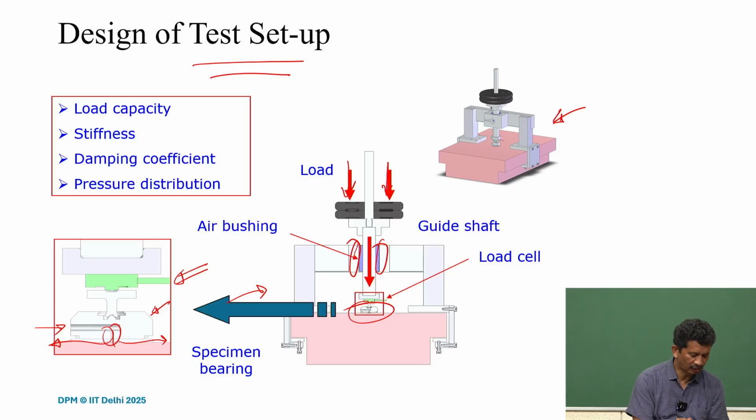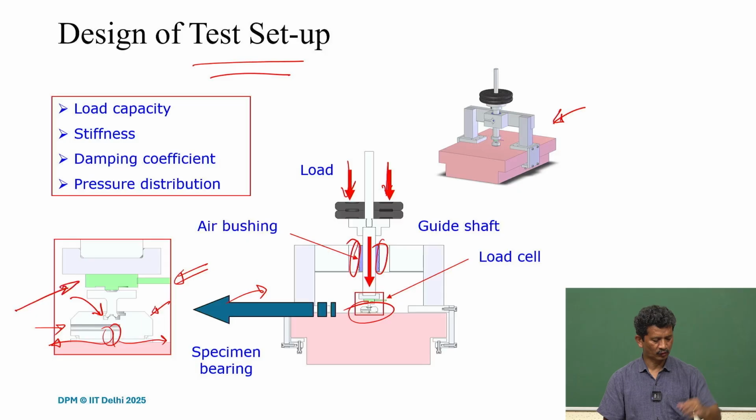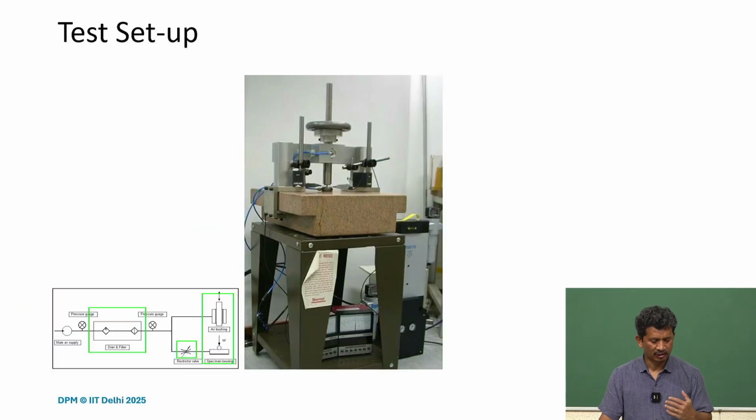Here again, there are some elements of precision. You can see how the bearings are pressed, how it's loaded. Some concept here: you have the load cell. So whatever the load is, we can measure it and then see. It's a very simple setup, but one needs to understand what goes into this, and it does not necessarily have to be complicated.